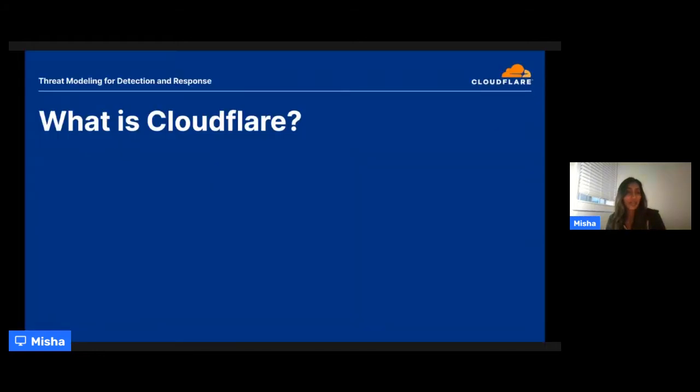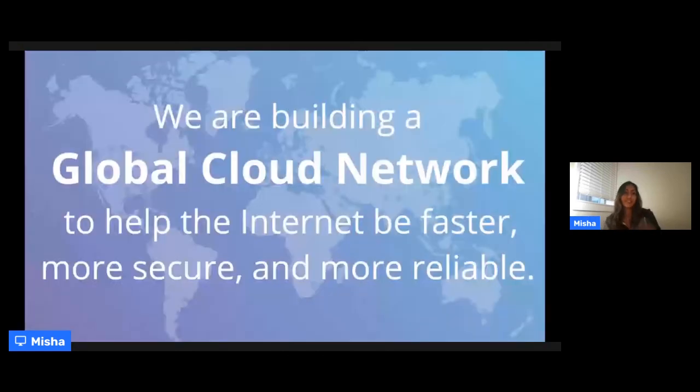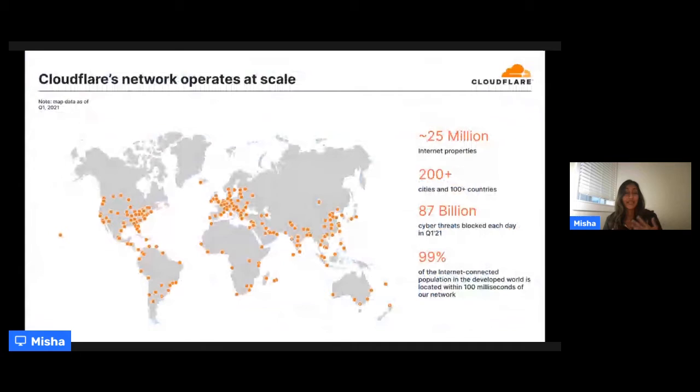All right, so first I'm going to get into an intro to Cloudflare. We're building a global cloud network to help make the internet faster, more secure, and more reliable. Cloudflare is an internet company that offers network performance and security solutions for websites and teams. We have over 25 million internet properties that are using our services.